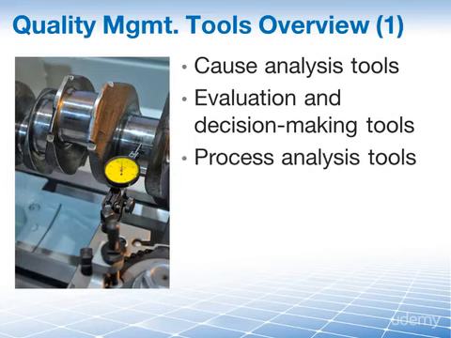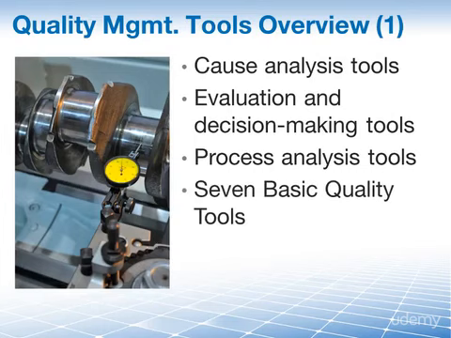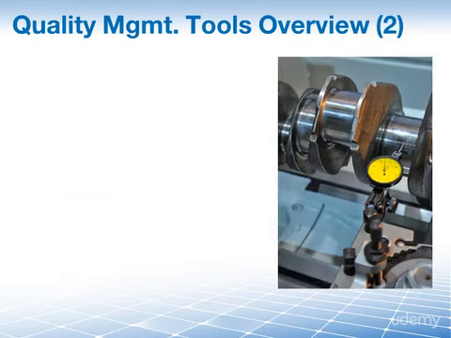Next we have process analysis tools. These focus on how to identify and eliminate unnecessary process steps in order to increase efficiency, reduce timelines, and cut costs. And we also have the 7 basic quality tools. These 7 tools get to the heart of implementing quality principles.